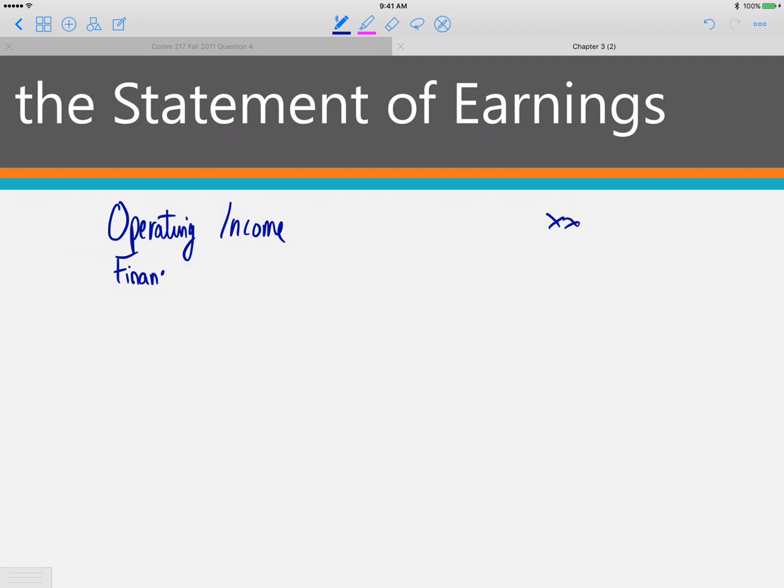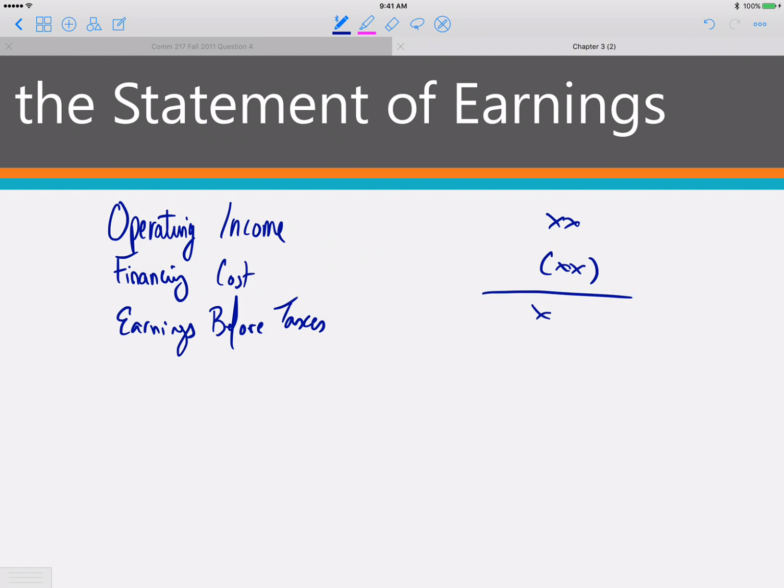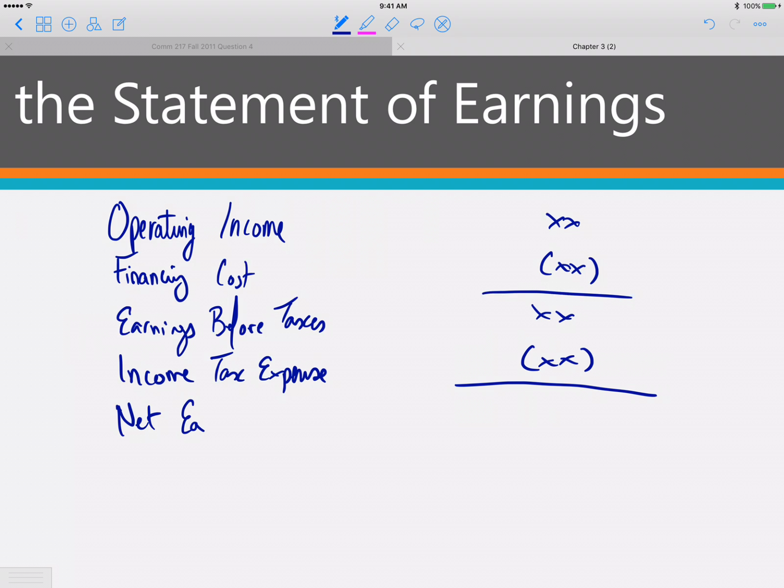You can also write interest expense, etc. And that gives us our earnings before taxes. The next line would be our income tax expense. And we put that in brackets because we are subtracting. And that would give us our net earnings.